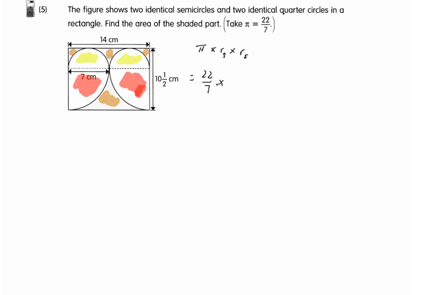Xue Wei, you are saying? Xue Wei, what is the radius of the semicircle? Why is it important to use that? Why do you need that? Because you need to find what?